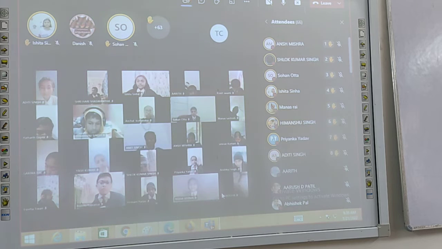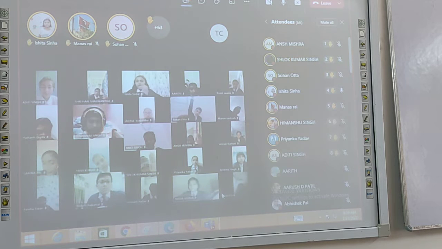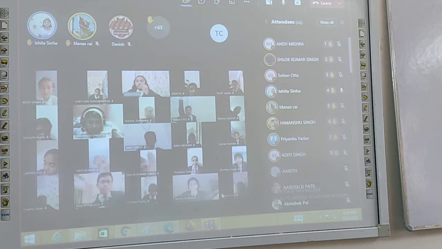Okay. So how we can find east and west direction in compass? Ma'am, the compass needle shows the east-west direction, and when it comes to rest, it will show north and south direction.